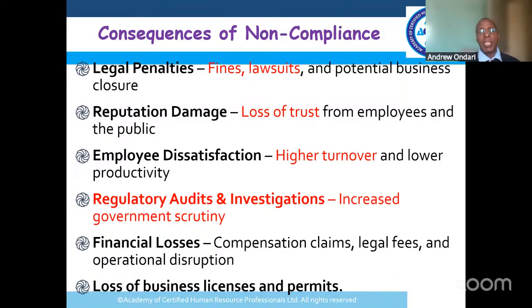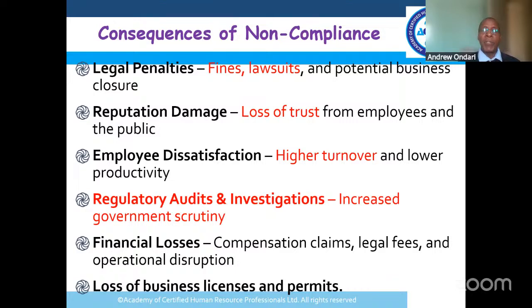So if employees perceive inequity and unfairness because the labor laws have not been complied with, they leave. And that is why we need to be worried and concerned about employees leaving the organization. So if your turnover is more than 15%, then you have every reason to be concerned.